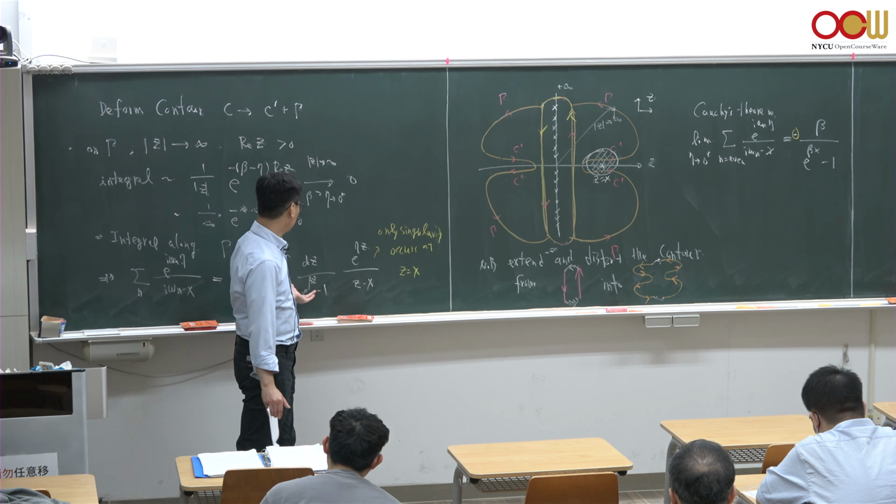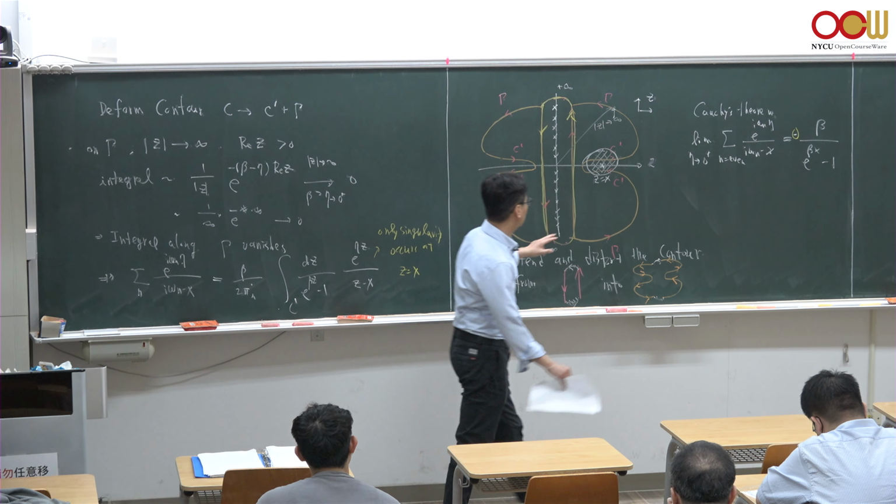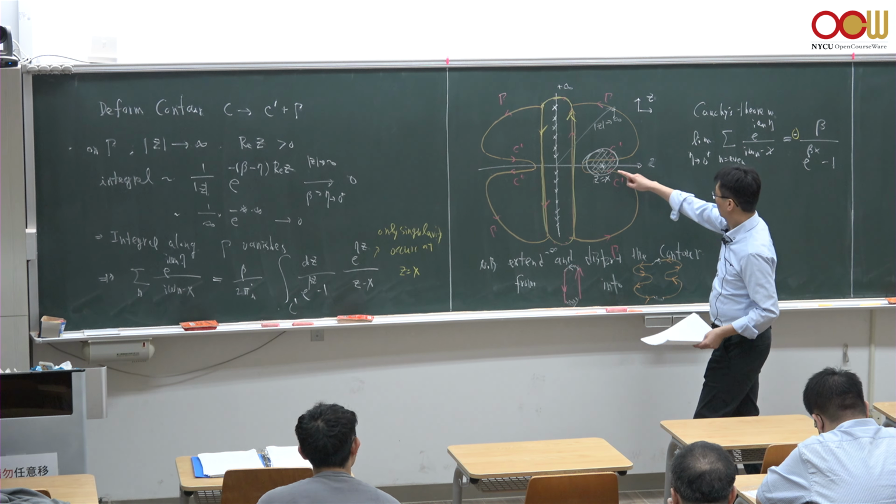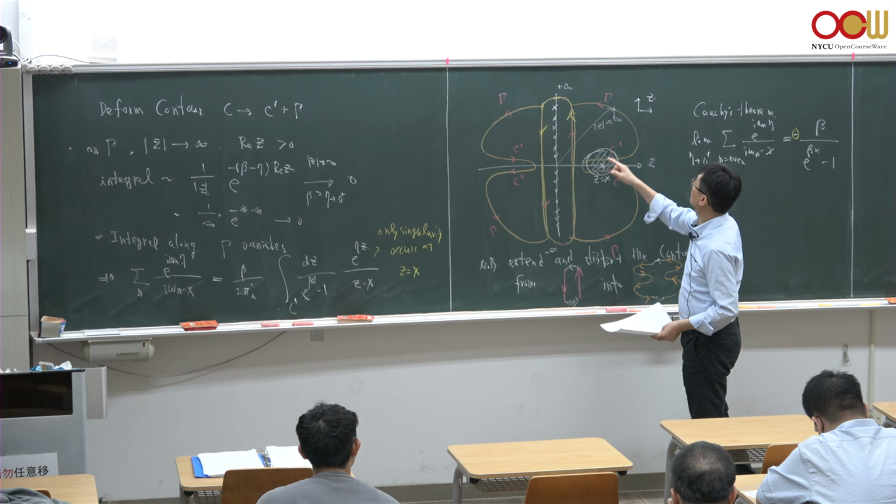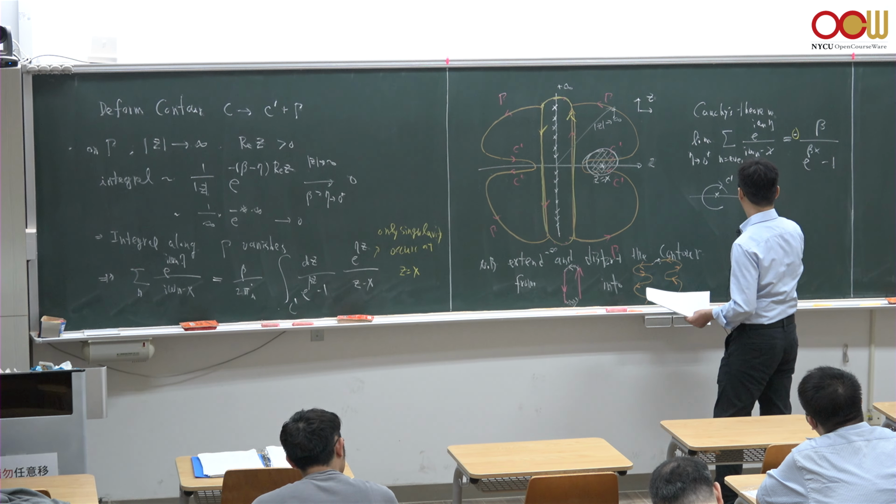And the residue is given by 1 over e to the beta x minus 1 times beta, and overall prefactor minus 1. This minus 1 comes from the fact that you simply go around this pole, say clockwise, right? Along the C prime contour, you actually go around the pole clockwise.